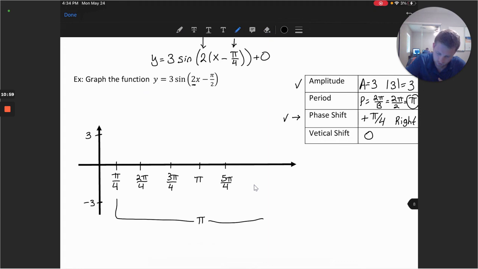And so let me clean this up just a little bit. This interval here is going to be pi units long, if we go from pi fourths all the way to 5 pi fourths. And this is going to be one cycle of my graph.